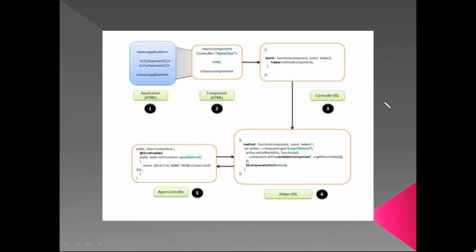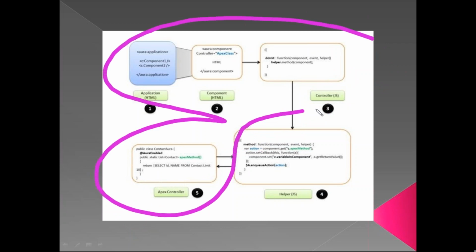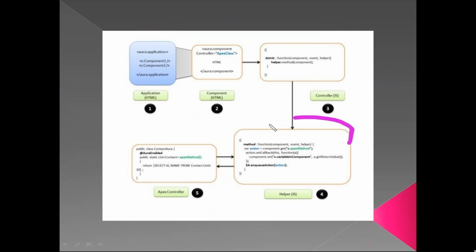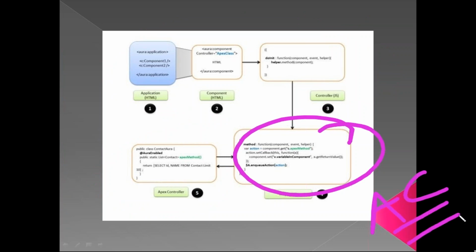Here, now that VF is replaced by the Lightning component, and this is the area covered by that. This is our regular Apex class. So this is known to you, but all these remaining things are new, and we need to understand them.